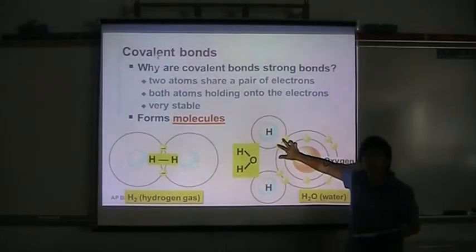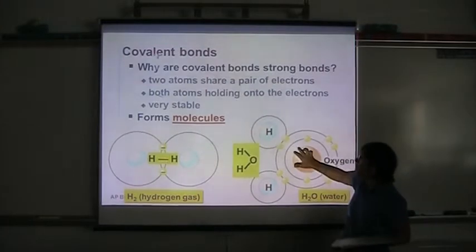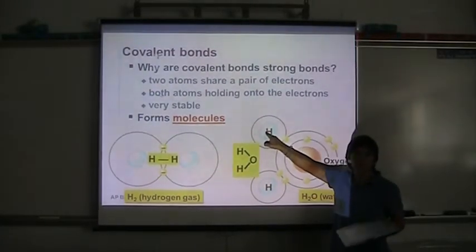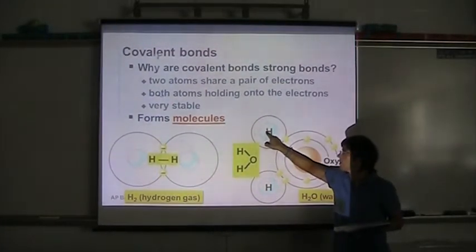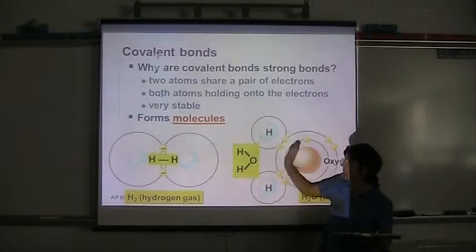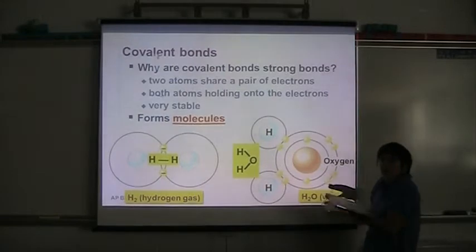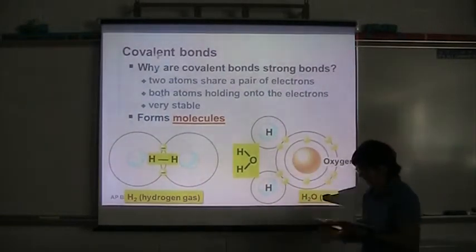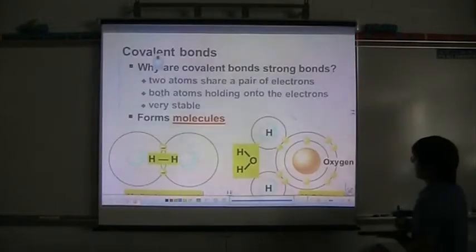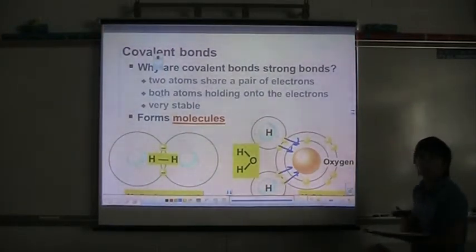So what happens with these electrons? Are they 50-50 between the wimpy hydrogen that only has one proton? Are they 50-50 in the middle? Wait, no. They are much closer to the oxygen. Because of the electronegativity, all these electrons are much closer to the oxygen than to the hydrogen.